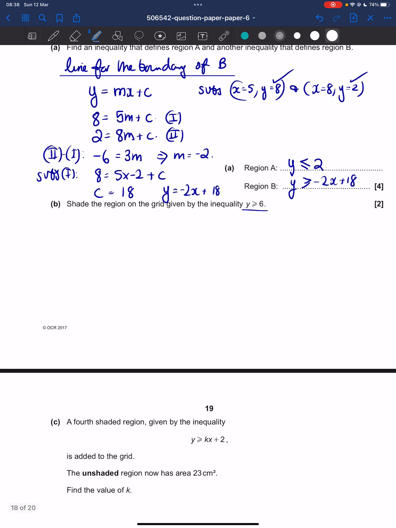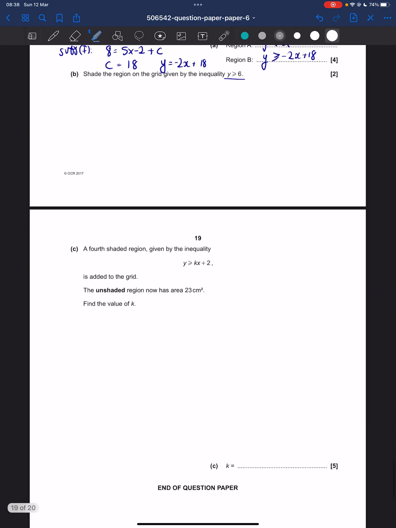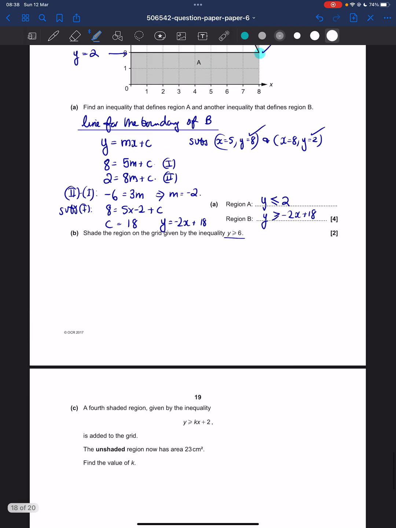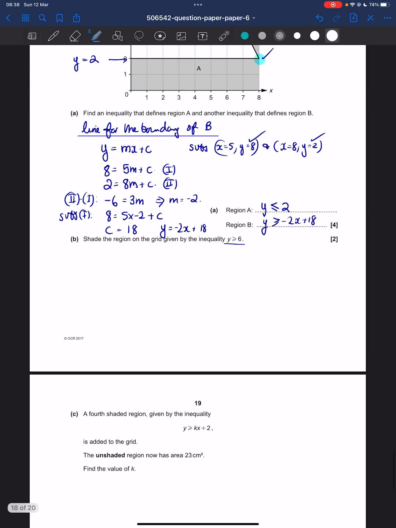Right, a fourth shaded region given by the inequality y is greater than or equal to kx plus 2 is added to the region. Is this the last question? The unshaded region now has an area of 23 centimetres squared. Find the value of k.